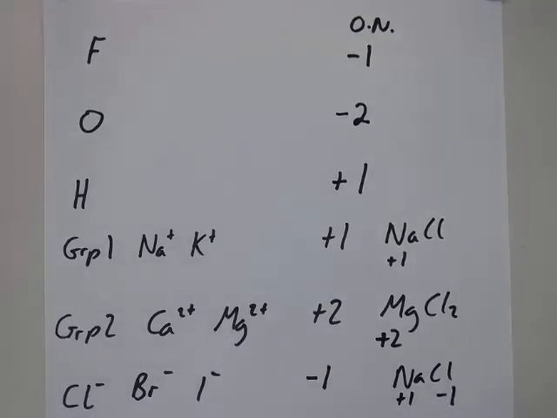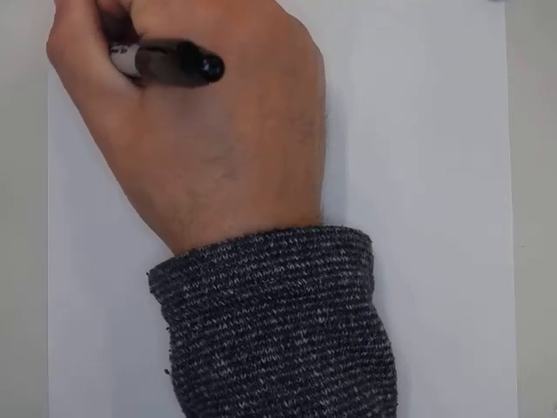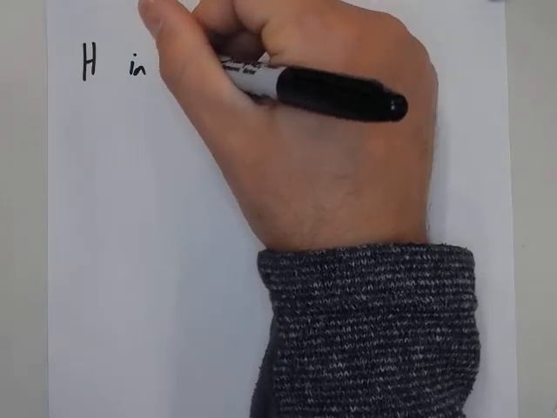Okay, so I mentioned that there are some special cases where these rules don't follow. Basically, if you learn these rules, you won't go too far wrong, but there are some special cases. So, hydrogen is +1, except in metal hydrides.